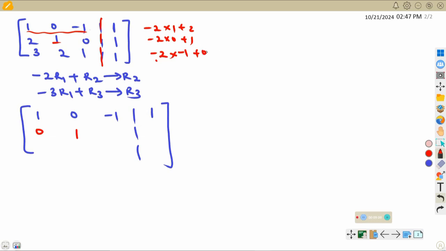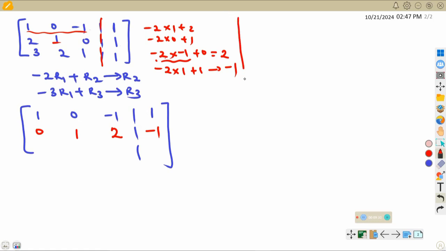This is 0, so we shall obtain 2. So we shall have a 2 here. Then we get negative 2, multiply it in 1, then add there this 1, and this will give us negative 1. So we shall have a negative 1 there.